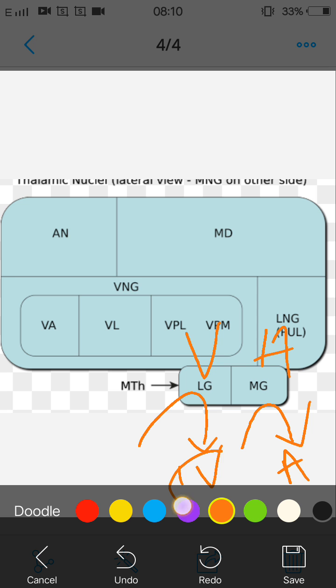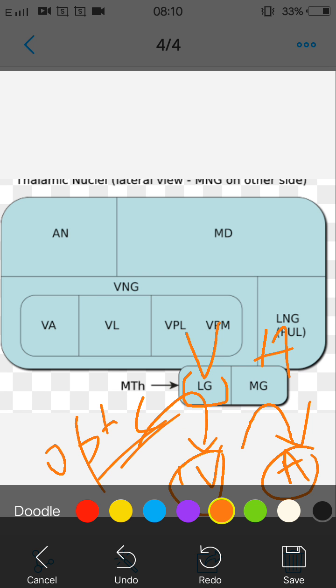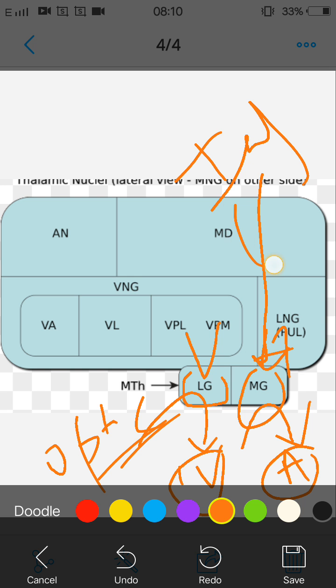Now the input: lateral geniculate body, L for light, light means vision, and the input is coming from the optic tract. Medial geniculate body, M for music, for hearing, gets input from the inferior colliculus.